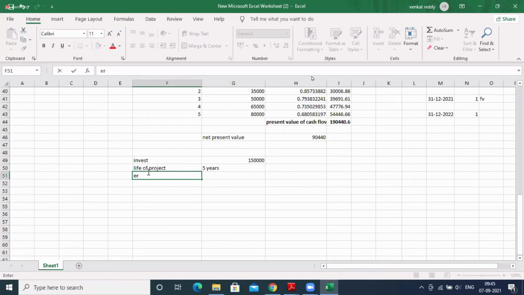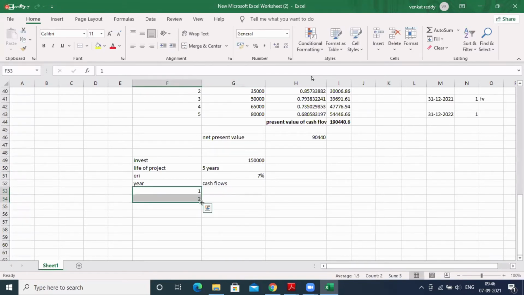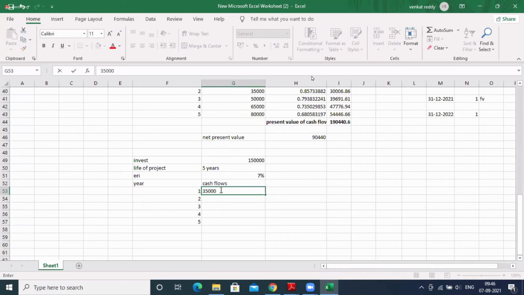Effective rate of interest, 7%. Now cash flows. That is 35,000.